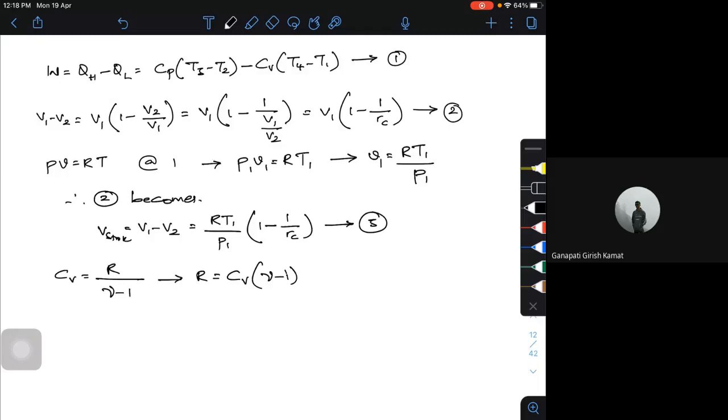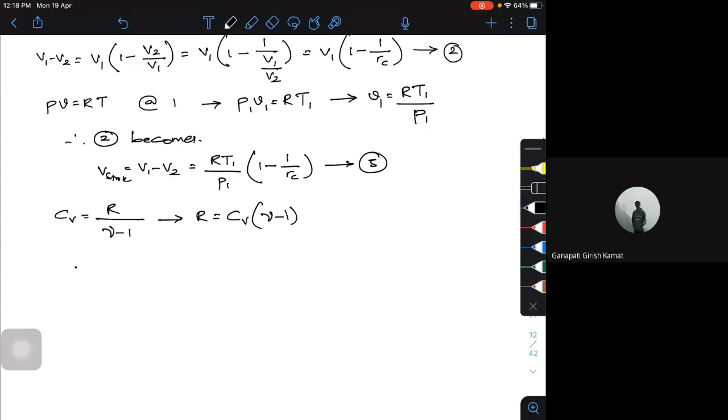Substituting for R in equation 3, the stroke volume V1 minus V2 is equal to Cv into (gamma minus 1) into T1 divided by P1 into (1 minus 1 by rc). Let me call this expression number 4.